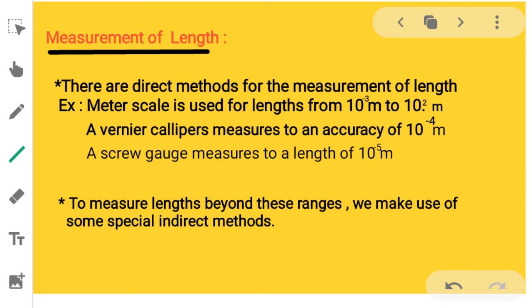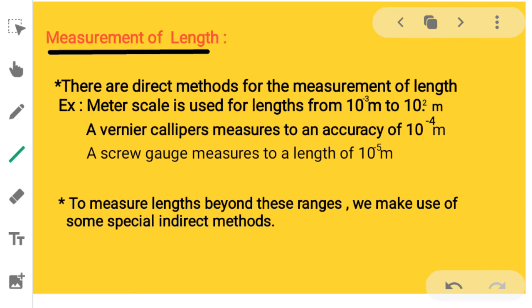It is used in shops to measure the length of clothes, and it is used in the labs to do practicals. The meter scale is a very common tool to measure length.